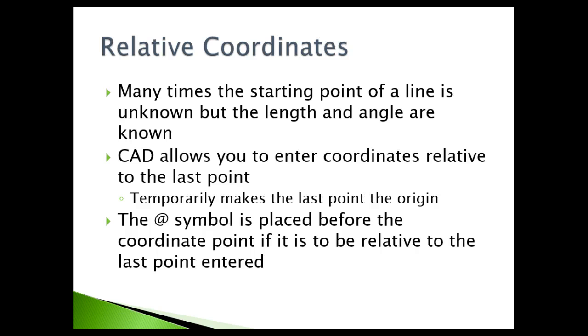Another thing we can talk about is relative coordinates. This one is a little bit different. Sometimes when we start with a line, we know the line's length and the angle, but we don't necessarily know its coordinates. So we can use relative coordinates, where CAD lets you take the last point that you just used, wherever it happens to be on the screen, and make it a new temporary origin.